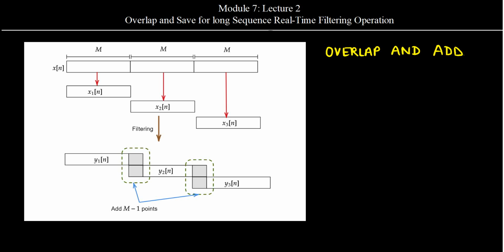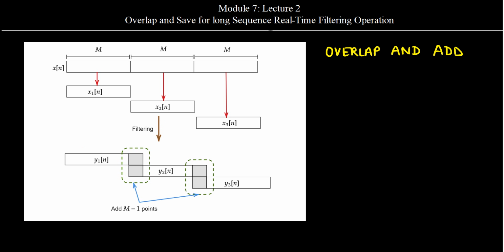In the previous lecture, we looked at the need for real-time filtering operation, and we saw one method, that is the overlap and add method, in which we consider m length blocks of the signal, where m is the length of the filter. On each of these blocks we perform individual filtering, or the convolution operation.